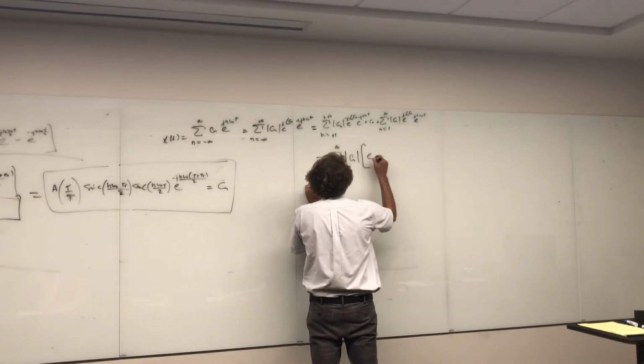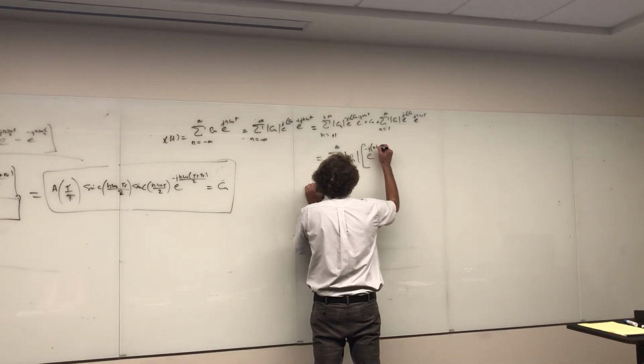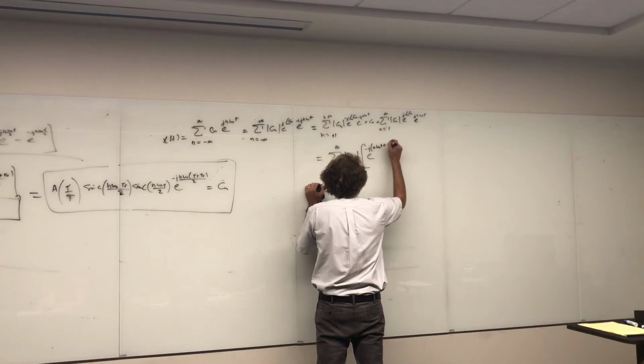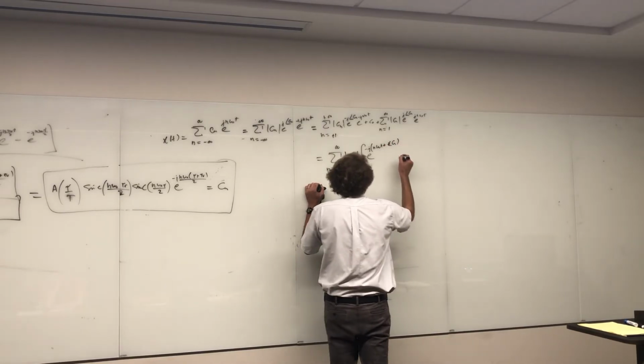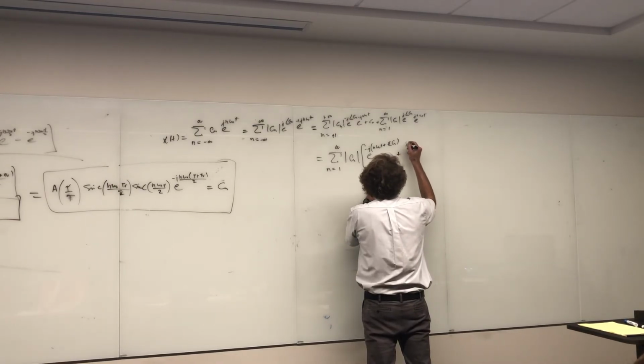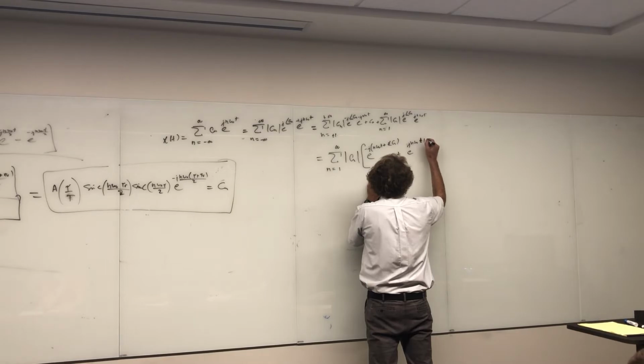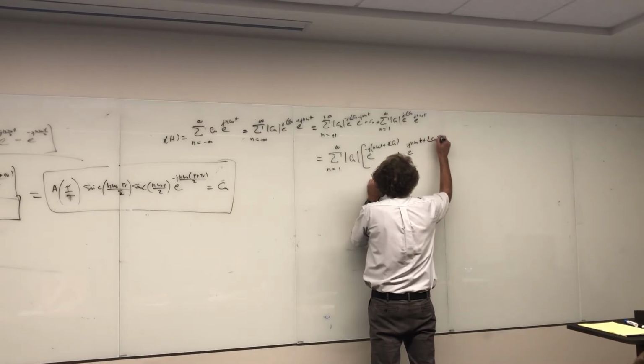Then I have e to the minus j times the quantity n omega naught t plus the phase angle of c of n, plus e to the plus j n omega naught t plus the phase angle of c of n.